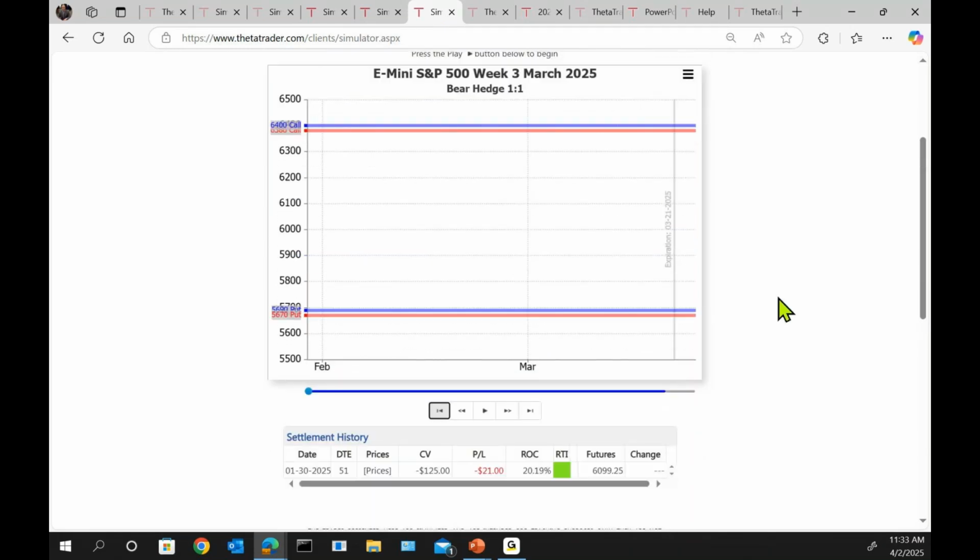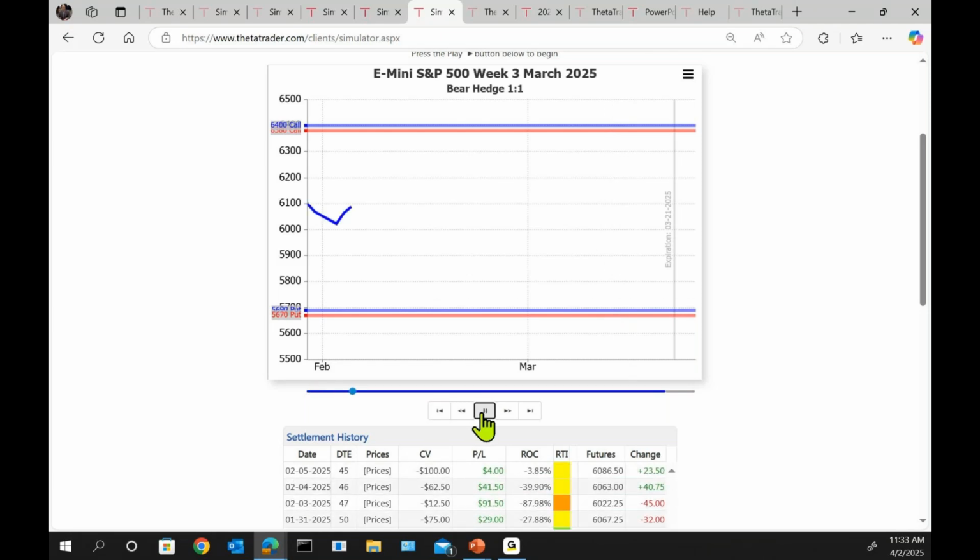So if you were bearish and you placed a bear hedge, here's an example going back in time earlier, a couple months ago. So you sold an out of the money call spread, and with that money you bought an out of the money put spread. And the colors have a different meaning here, so don't worry about that.